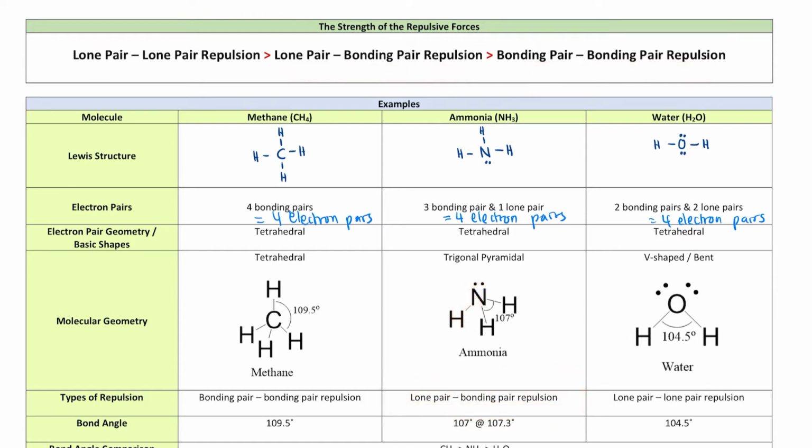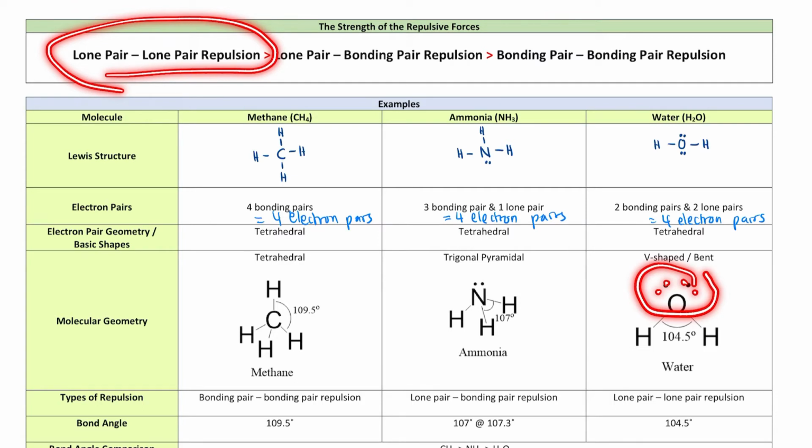Okay, and then lastly for water molecule there are 2 lone pairs and 2 bonding pairs. Okay, so there is lone pair repulsion there. Lone pair repulsion is the strongest one. That's why I only wrote lone pair repulsion.